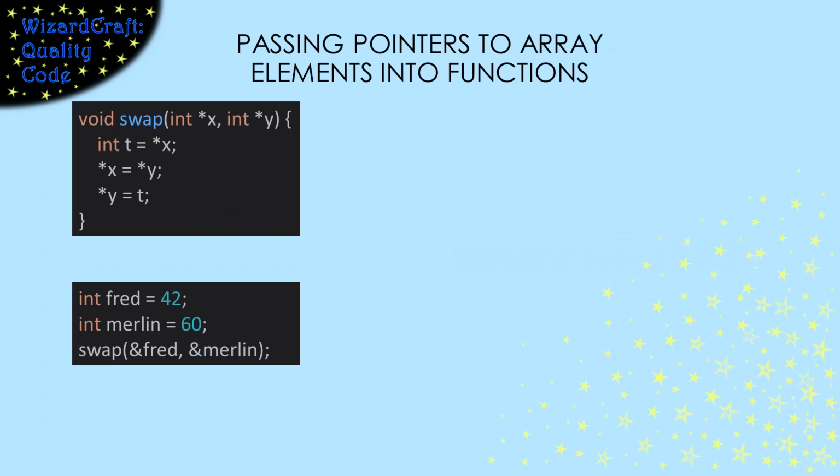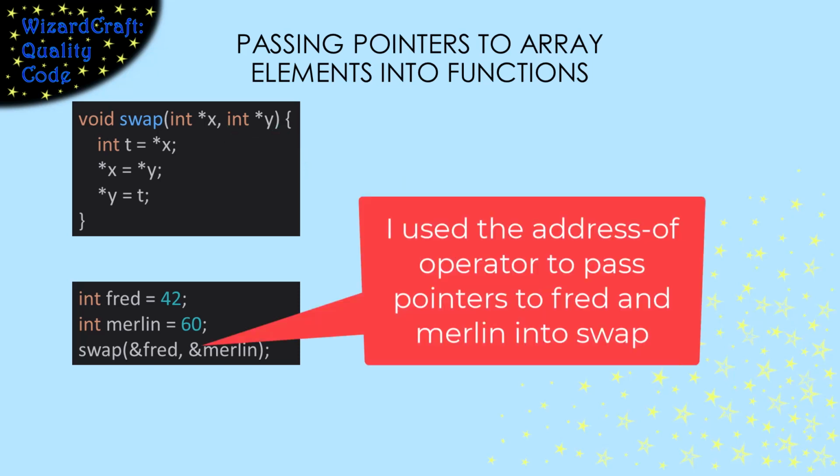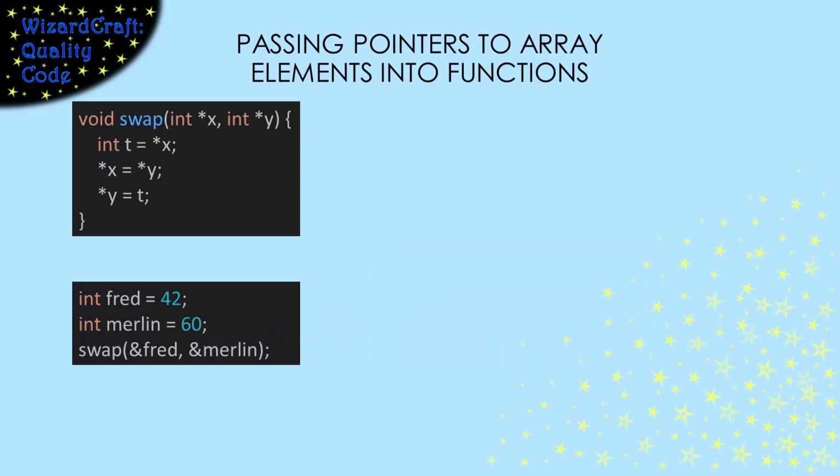Just like we can make pointers to individual variables, we can make pointers to specific positions in an array. For example, I've declared swap to have 2 input-output parameters, and its job is to swap their values. So the parameters are pointers to integers, and we dereference those pointers to play with their values. The net effect is exactly what we're hoping for. Their values get swapped.